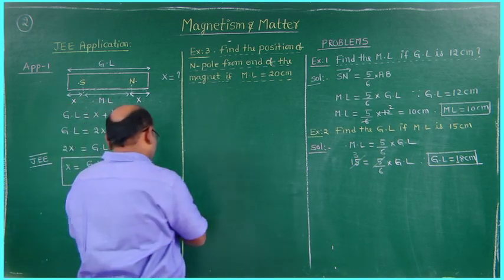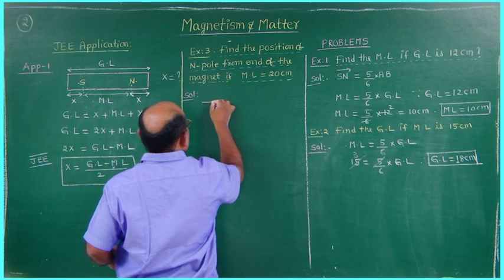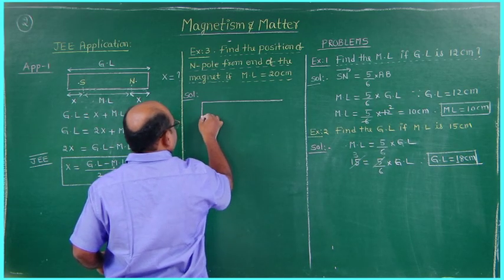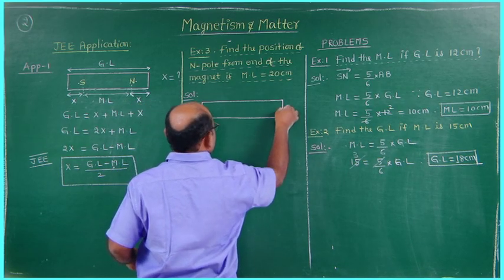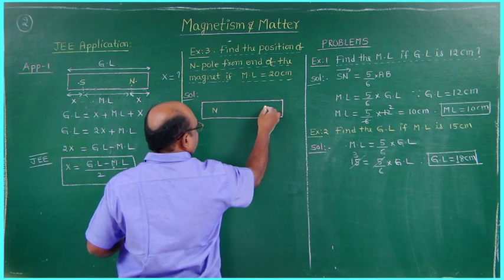Now, if you observe the diagram, this is the bar magnet. This is the north pole and this is the south pole.